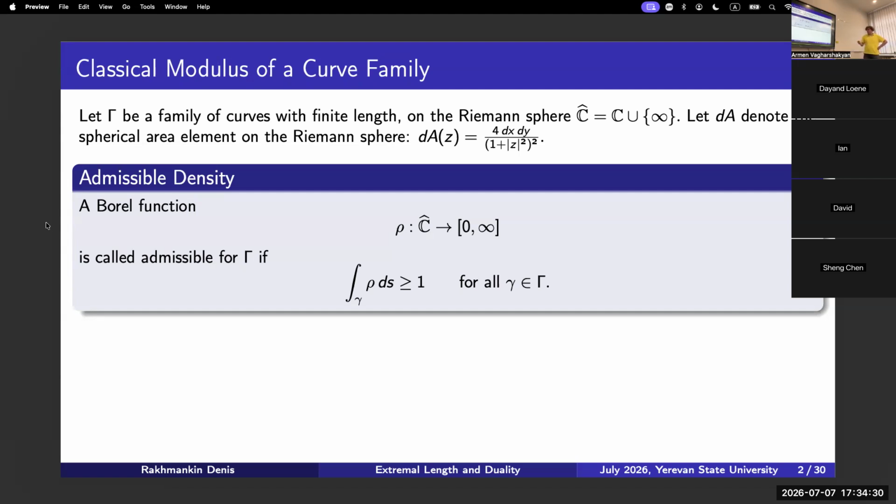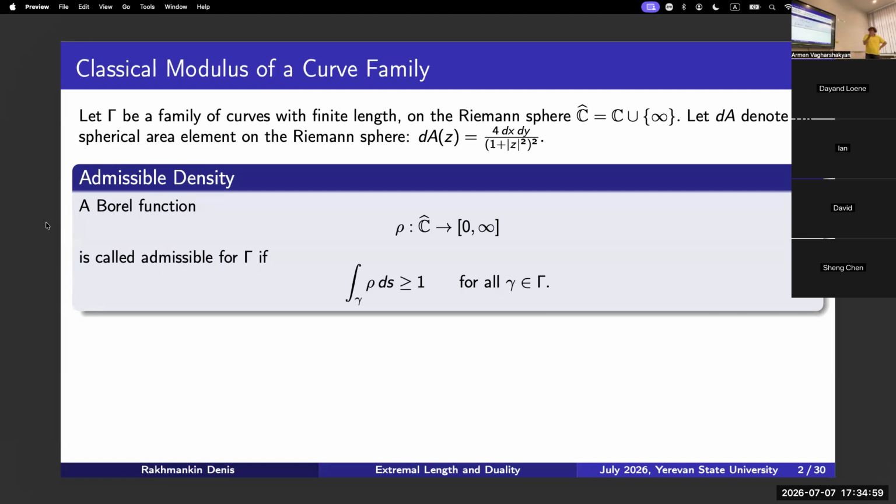We will calculate how expensive it is to go through this density if we go along one curve from the family, and we will call this density admissible if for every gamma, every curve from our family, the integral of rho over gamma is at least 1.